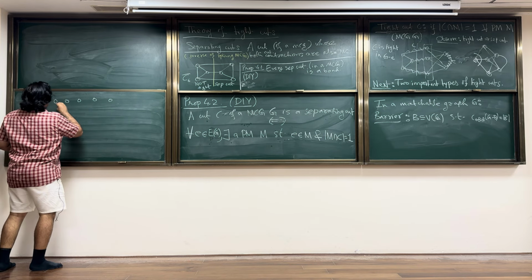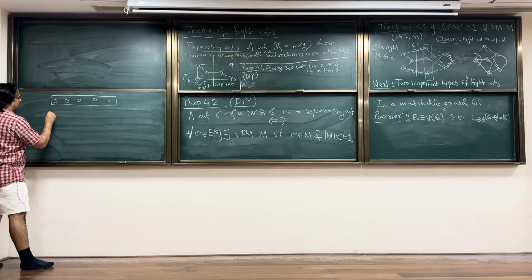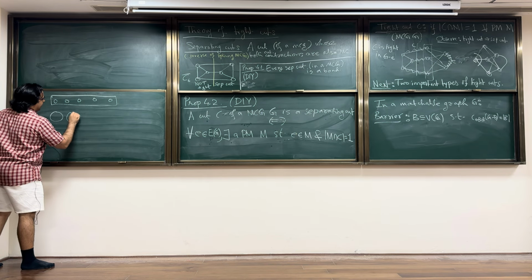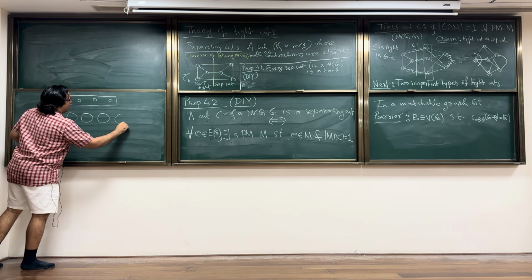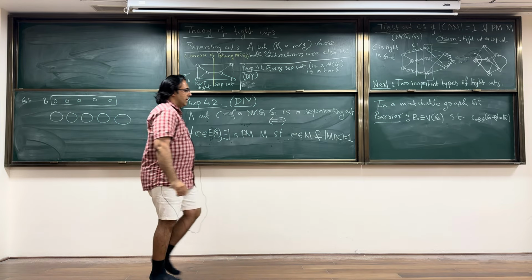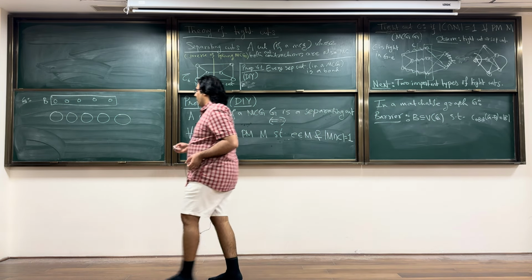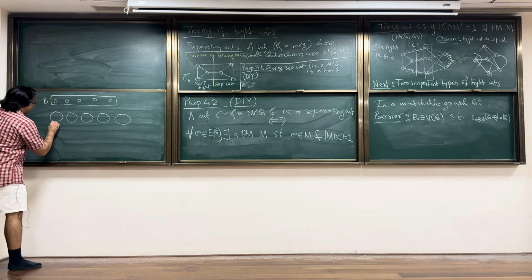Yeah, so this part we have already kind of discussed, but I want to discuss one more related concept. So if I give you a barrier in a matching covered graph G, and you consider any odd component, well, all the components will be odd because it is a matching covered graph.